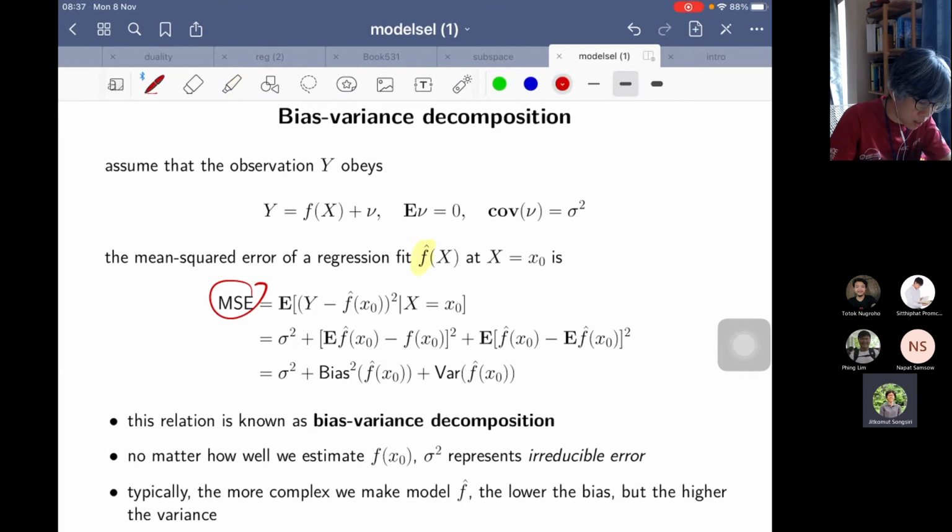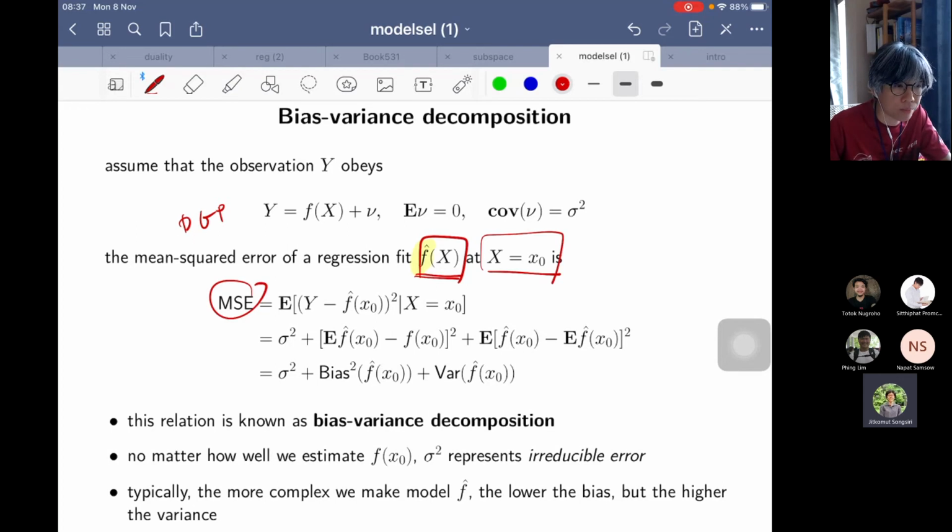This is the DGP. You come up with f hat, which is your model, and once you use the model to estimate y at the value x equal x0, the mean square error looks at the actual y subtracted by y hat, squared.